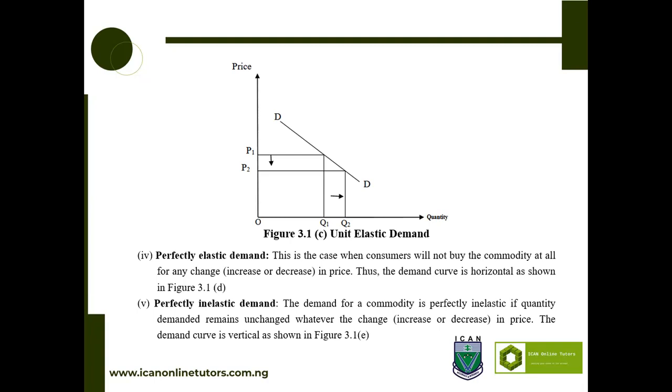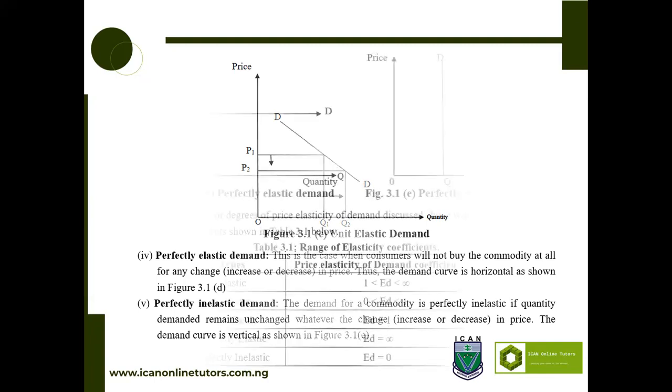And that is what is referred to as perfectly inelastic demand. Perfectly elastic demand is a situation when the consumer decides not to buy the commodity at all, either there is an increase or decrease in price. While in perfectly inelastic demand, the quantity demanded will remain unchanged. Either there is an increase or what? Or a decrease in the price of the commodity.